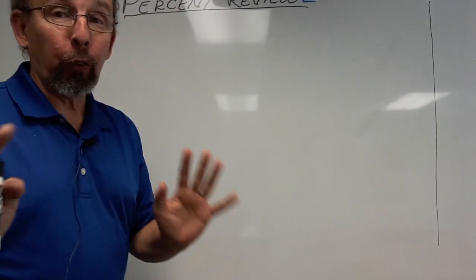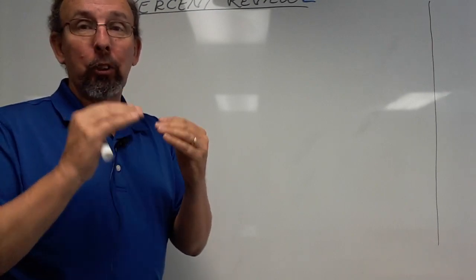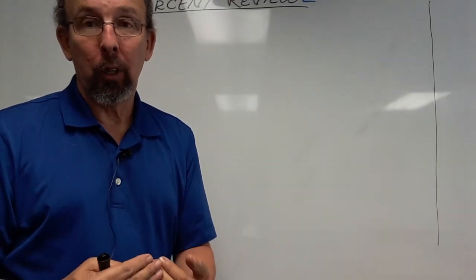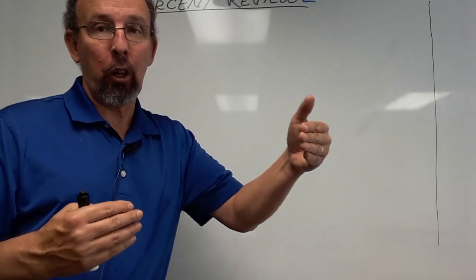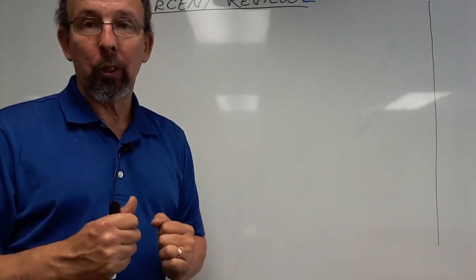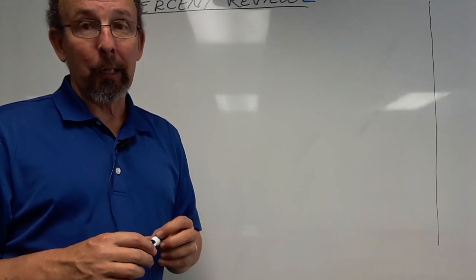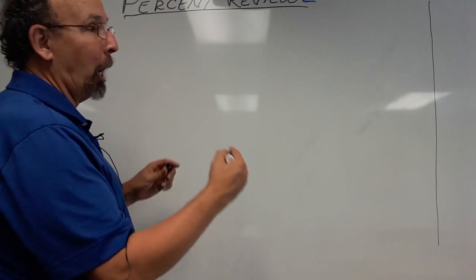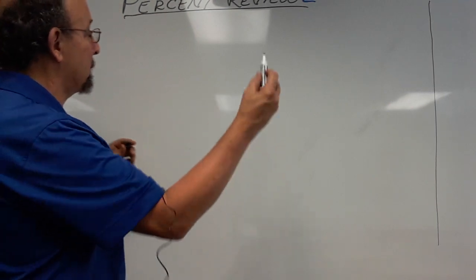Now, remember the first review, we talked about a couple of key things. Percent means what? Percent means hundredths. 2 decimal places. Decimal point, tenths, hundredths. So if I'm changing a percent to a decimal, I'm going to move the decimal place 2 places to the left and get rid of the percent sign.